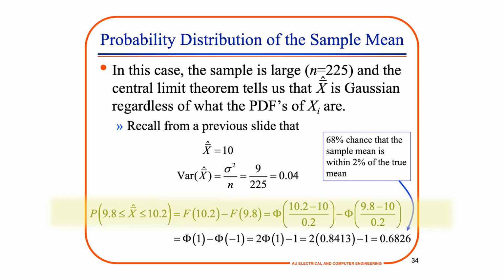Now we use the old technique where this is the value we're going to, minus the mean. This is the value we're going to, less the mean. But the 2 over here, or 0.2, is interesting. It's the square root of this right here: the square root of sigma squared over n. So the square root of that is 0.2.